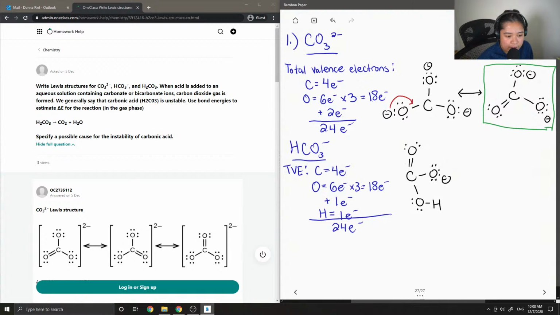And let's double check the number of electrons. We have 1, 2, 3, 4, 5, 6, 7, 8, plus 16, 17, 18, 19, 20, 21, 22, 23, 24. Okay, so this is the Lewis structure of HCO3 minus.